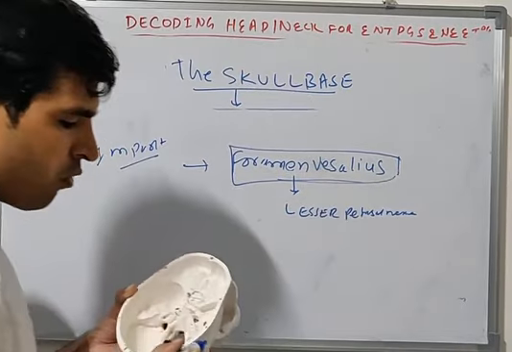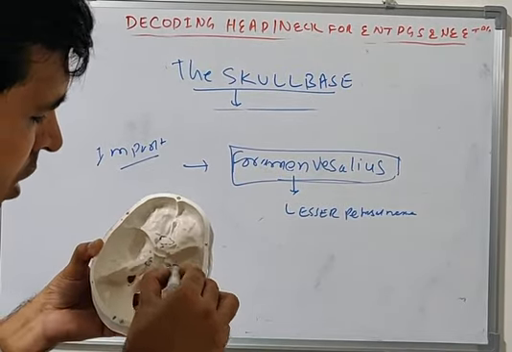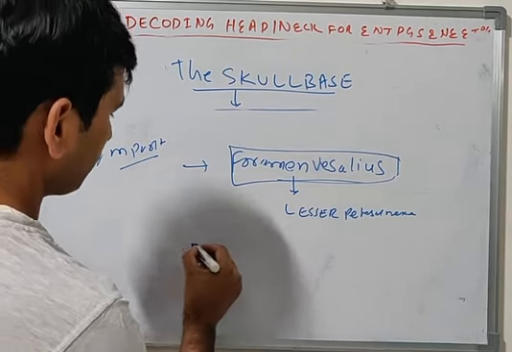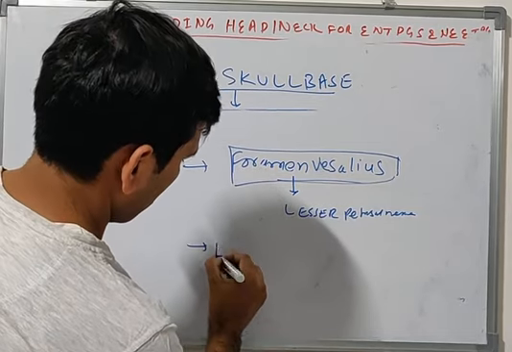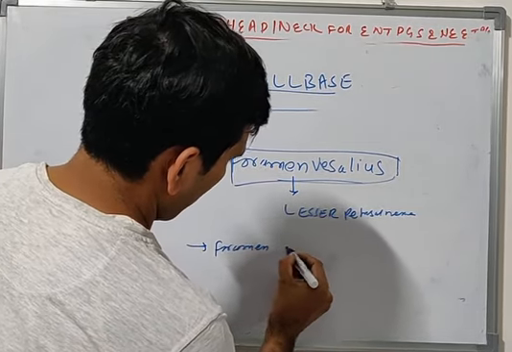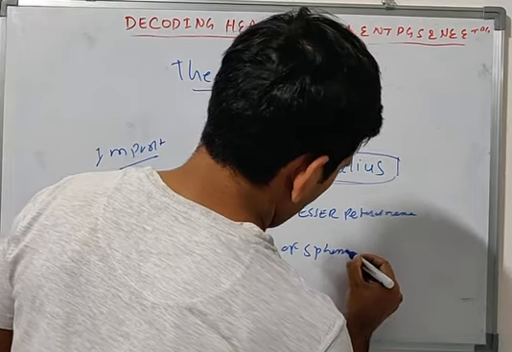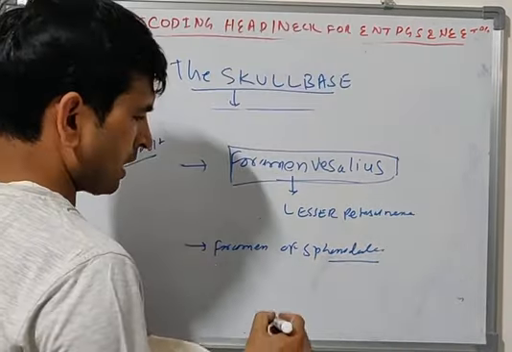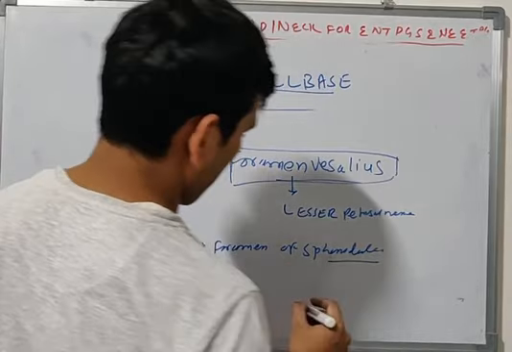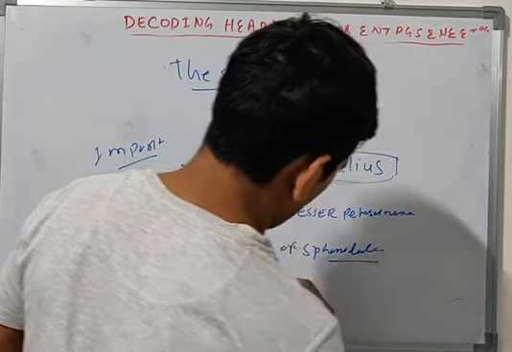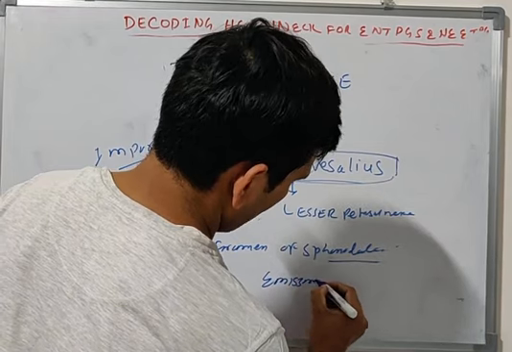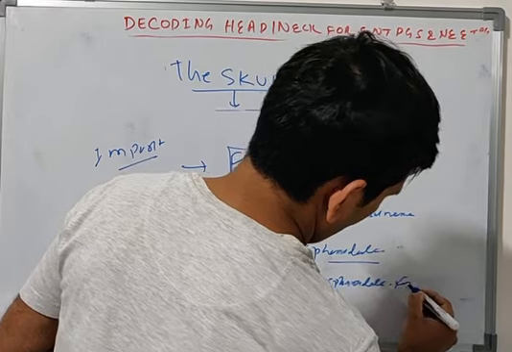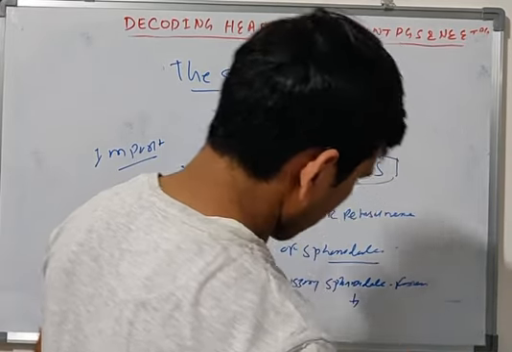Now another foramen in between foramen lacerum and ovale is the emissary sphenoidal foramen, also called foramen of Vesalius.